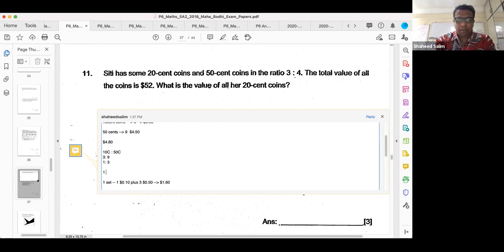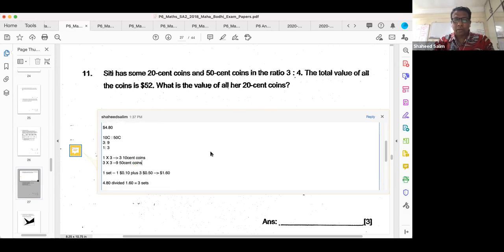The 1 you times by 3, you get 3 10-cent coins. And then this 3 times 3 also, you get 9. Can you see that? Because 3 sets, so there are 9 50-cent coins. Do you understand? The answer is not 20.